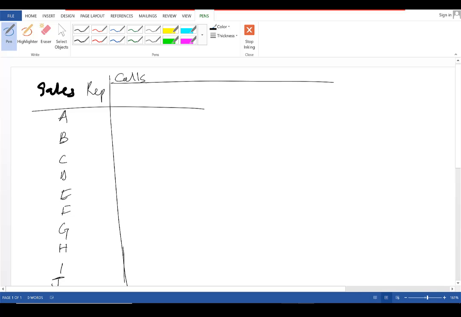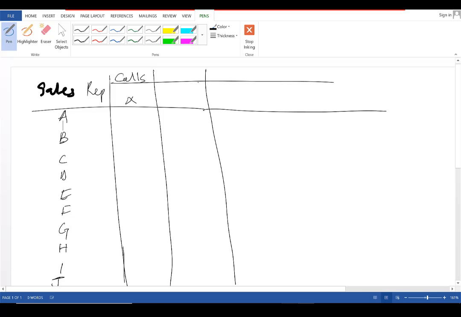We call the calls the X value, and when he makes the calls, we're gonna see if he's gonna be able to convince the customer to make a sale. So the sales, we call this Y. So these are our variables X and Y.